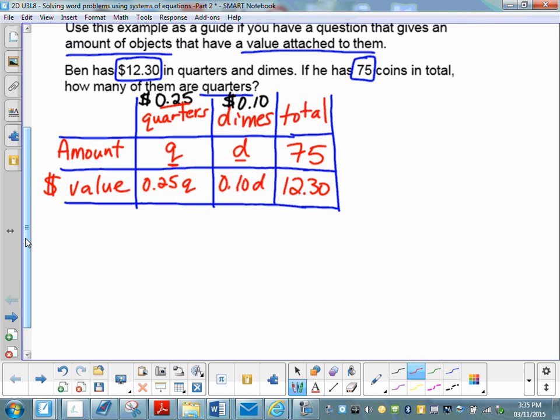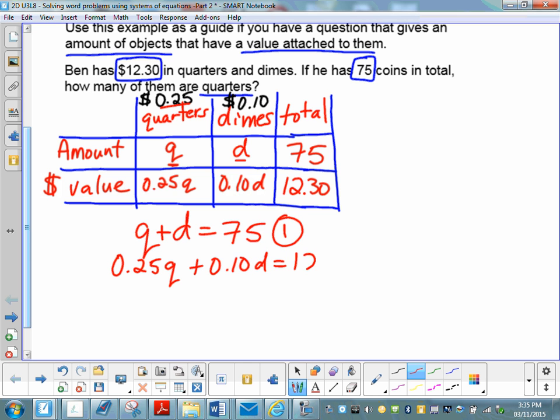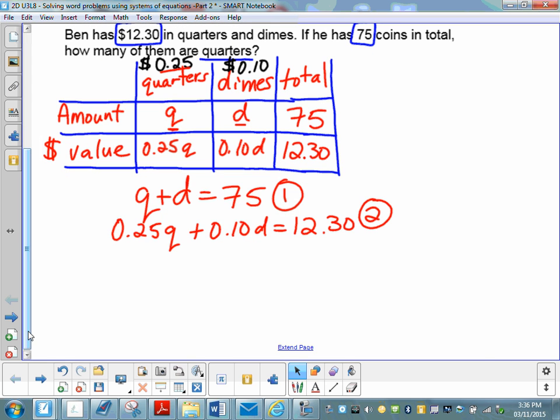So once we get everything in the table, then we have our two equations. So I've got Q plus D equals 75. That's equation 1. I've got 0.25Q plus 0.10D equals 12.30. And that is equation 2. And as I suggested yesterday, when you have equations that have decimals in them, you really should take a step before you do anything else and get rid of those decimals.